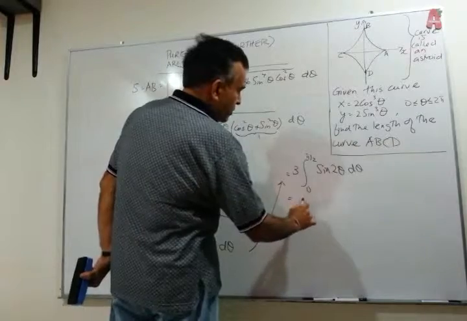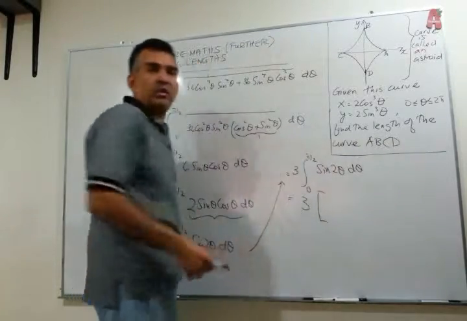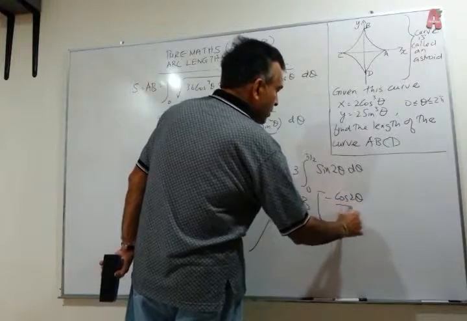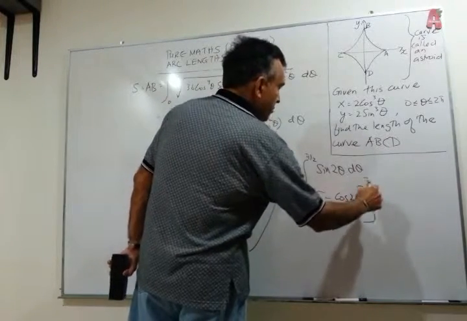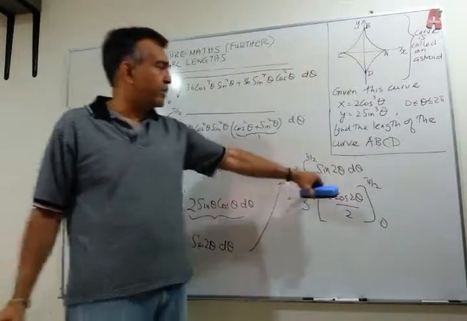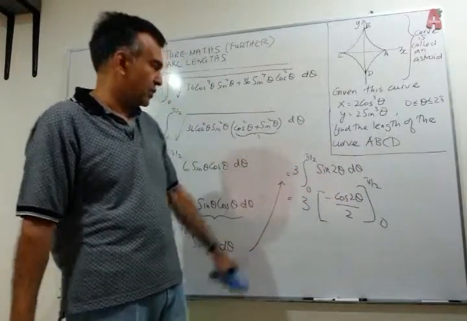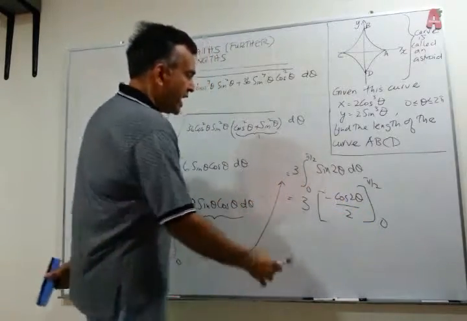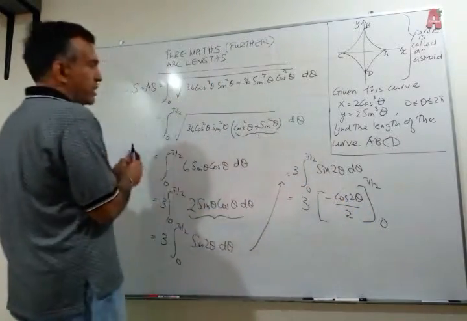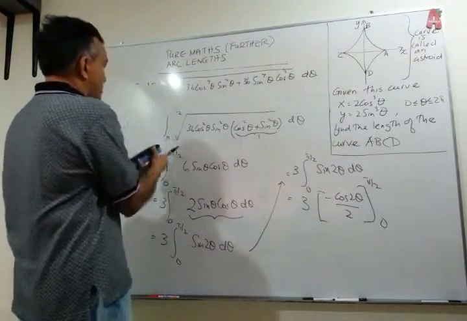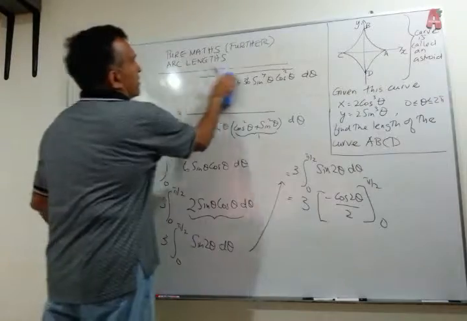When you integrate the sine, you'll get a negative cos, so I have negative cos 2 theta over 2, from 0 to pi over 2.